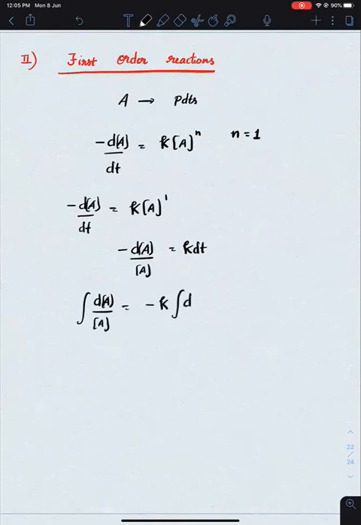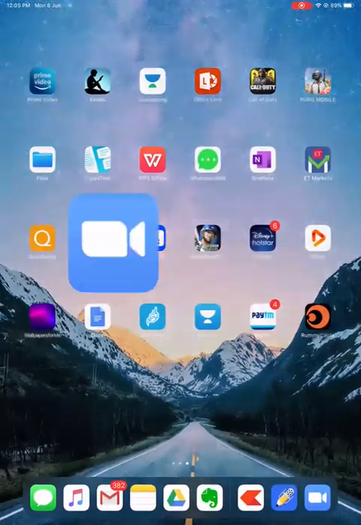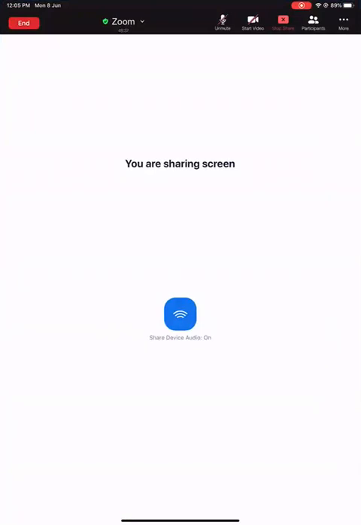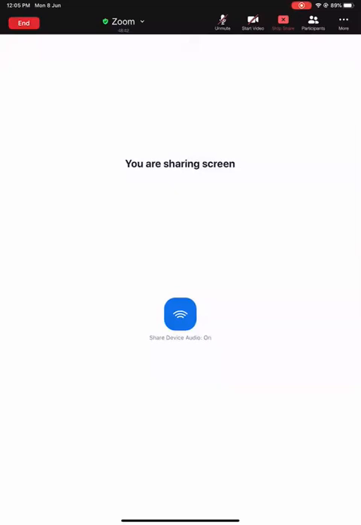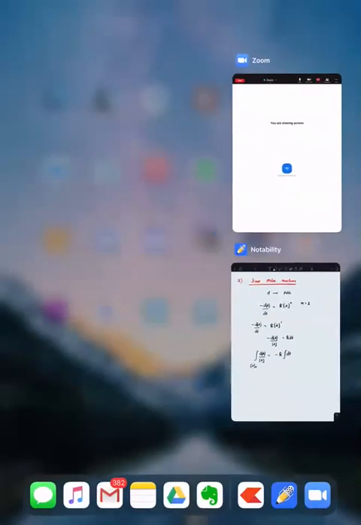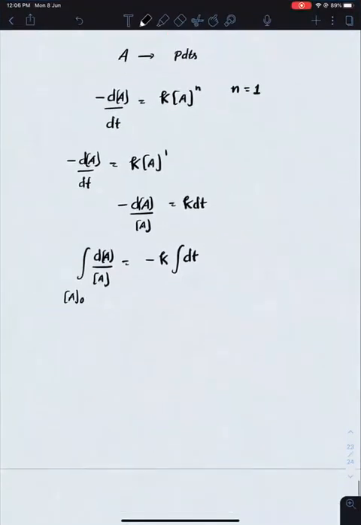The limits are from A naught, the initial concentration, to At, the final concentration, and you are going from 0 to t. What is the integral 1 by x dx?